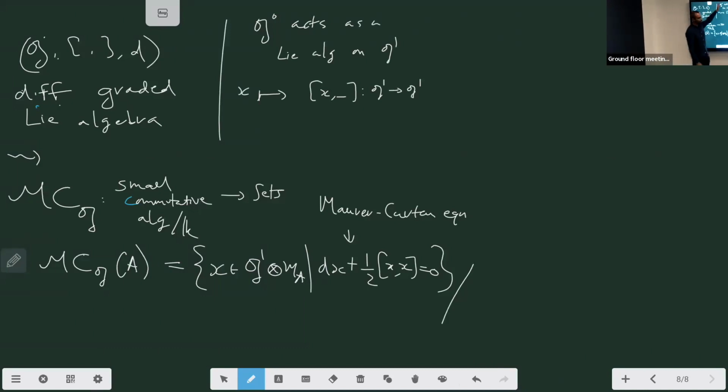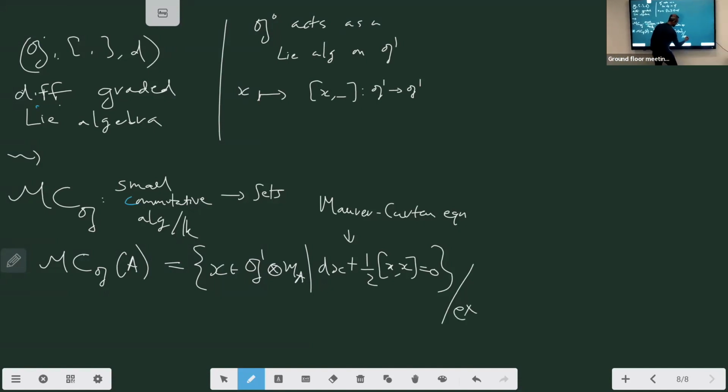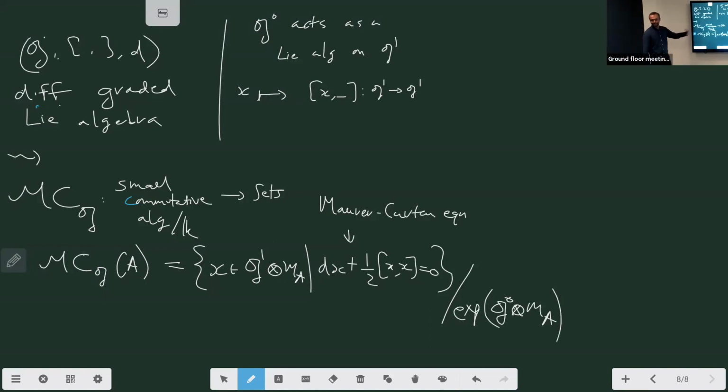So I have an infinitesimal action of the Lie algebra G_0 on the vector space G_1, and I can exponentiate it and look at exp of G_0 tensor m_A. This is something that physicists do all the time. Most of the time in physics, you present symmetries by their infinitesimal generators, which are just bracketing with x. So I have this functor I can define for any differential graded Lie algebra. And in some sense, the claim is that this is the universal example of such functors, because the formal neighborhood of any moduli problem can be described by some variant of this functor.